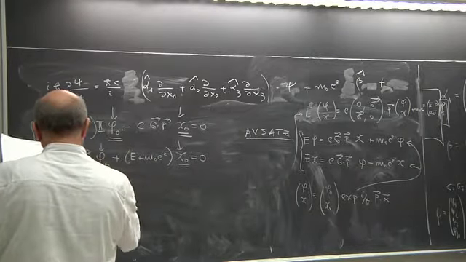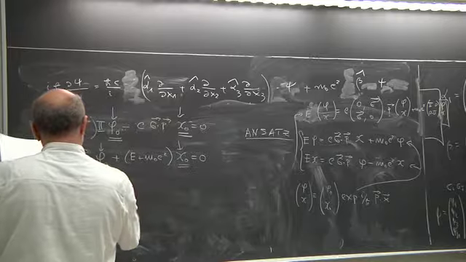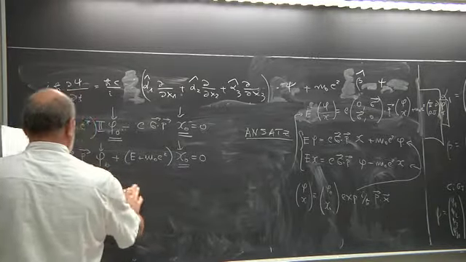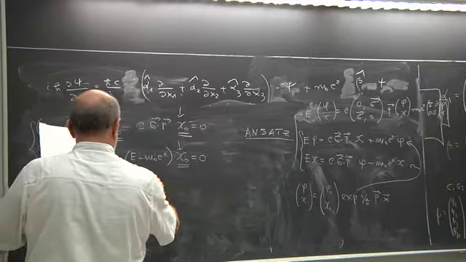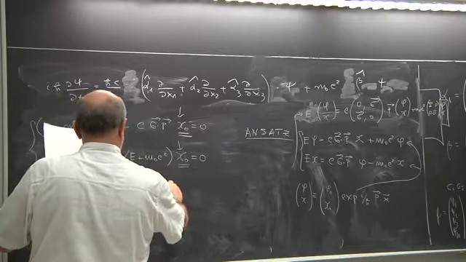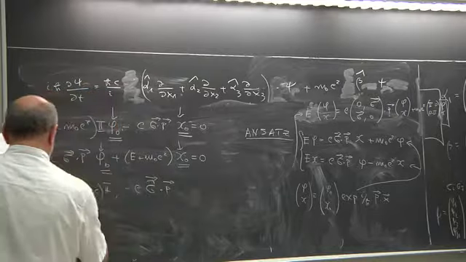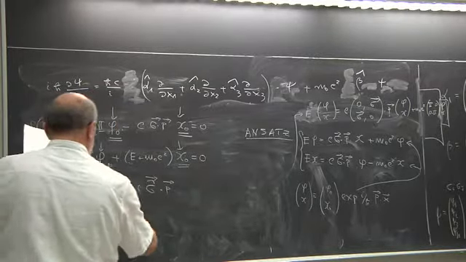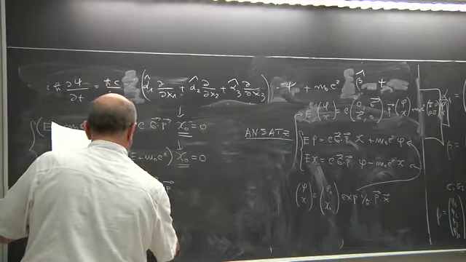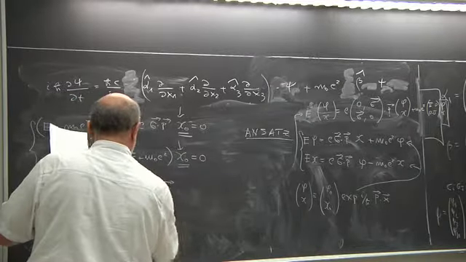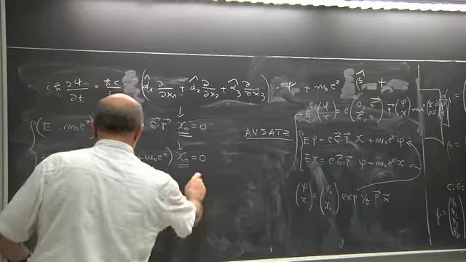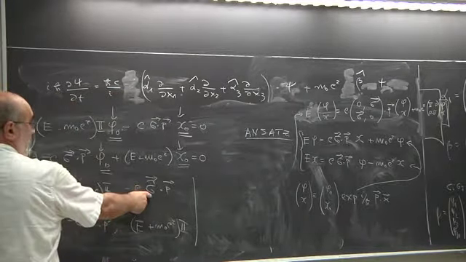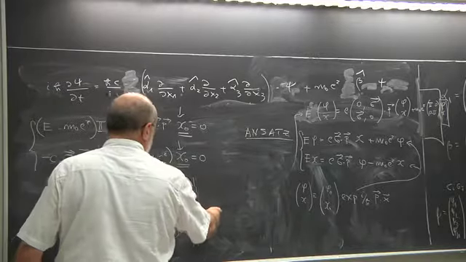We get E minus M0 C squared times I, minus C sigma times P, minus C sigma times P, E plus M0 C squared times the identity. This determinant is a 4 by 4 determinant because these sigma are 2 by 2. I impose that it is 0.